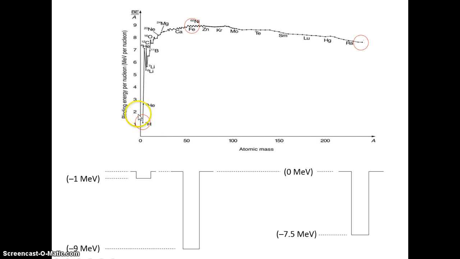So as we go to the right on the binding energy curve, the well gets deeper and deeper and deeper, and then it gets to about 9 mega-electron volts, and as we continue to the right, the well gets shallower and shallower and shallower to about -7.5 mega-electron volts. And this helps us see why iron is the most stable, because it has the deepest well, it has the largest value of binding energy per nucleon.